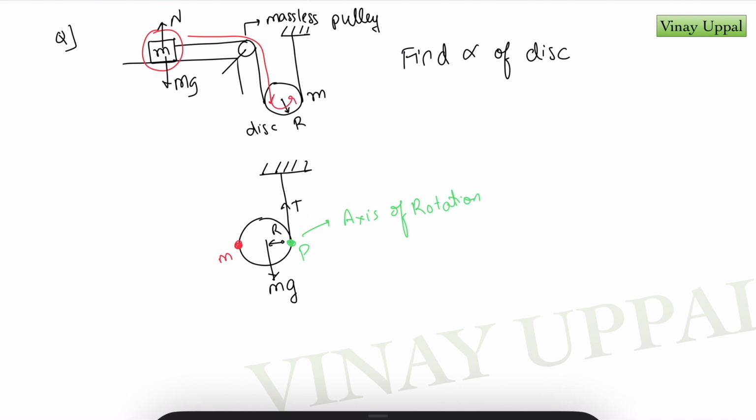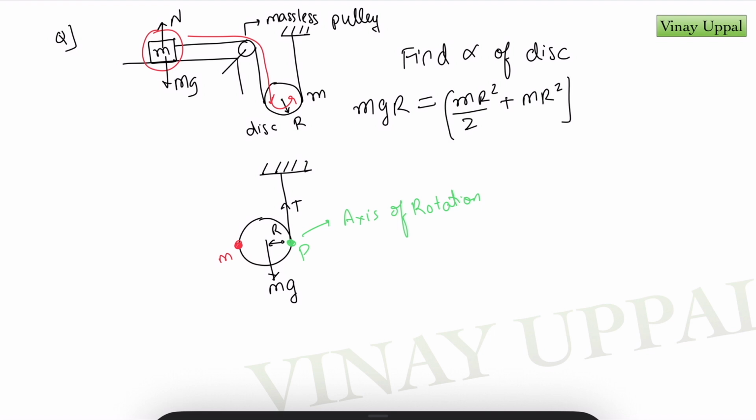So let's write the torque equation. The torque of gravity of the disc would be mg times r about point P. Gravity is making a distance of r from point P. And that should be equal to moment of inertia. For the disc, I'm going to be using the parallel axis theorem. About the center, mr square by 2 is the moment of inertia for the disc, plus md square, where d is the distance between the center of mass and point P. So that will be the radius itself. That will be mr square.